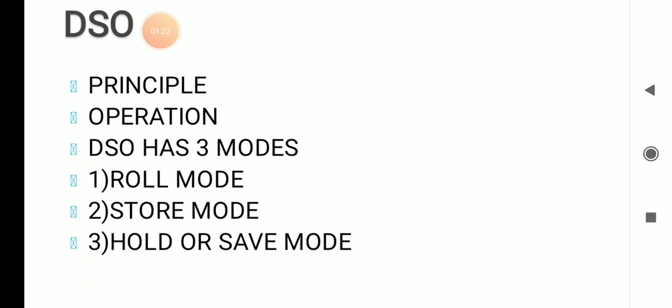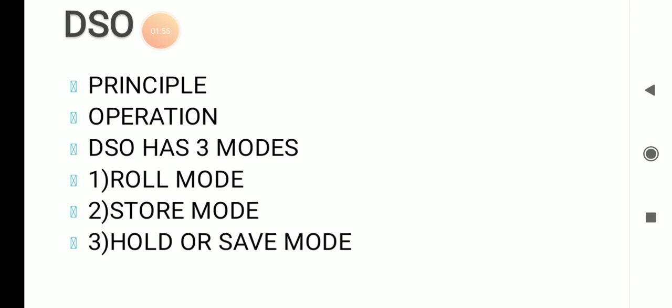So what is the long form of DSO? DSO stands for digital storage oscilloscope. Compared to your normal CRO, that is the cathode ray oscilloscope, DSO is having some memory. You can store the waveform, you can read and write, and also other specifications like rise time, fall time, duty cycle you can measure in DSO.